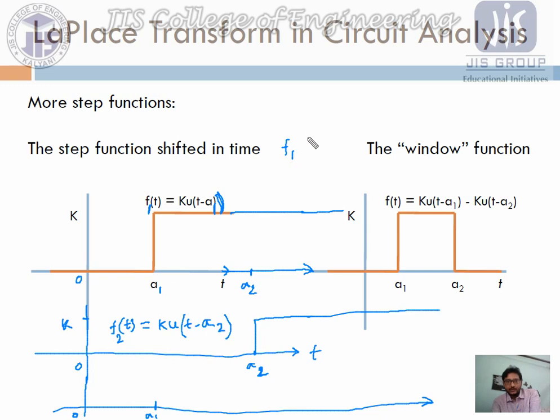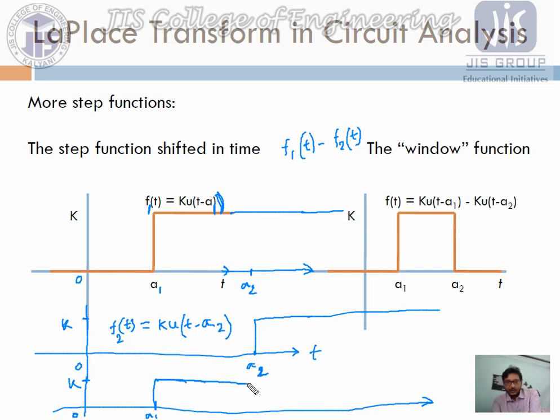So here we get the k value, and it continues at this time. There also the value is k, here is 0, so k minus 0 means k.